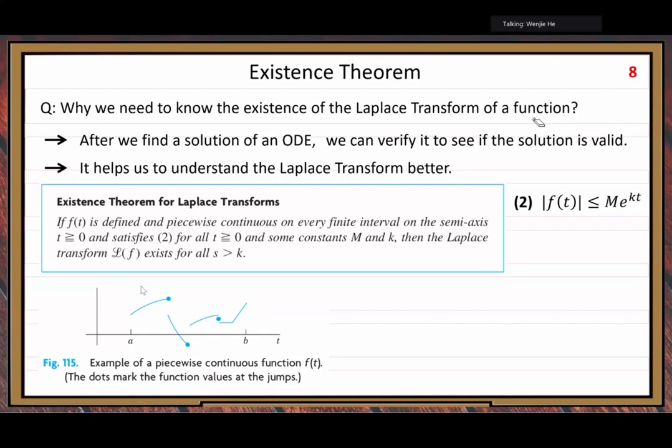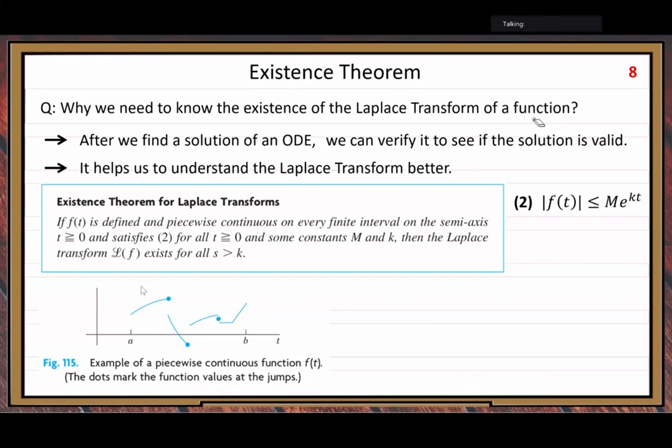There is a capital M, some constant, and K. If the absolute value of this function is bounded by capital M times e to the k times t, here you can see this bound is pretty large. This is an exponential function bound.